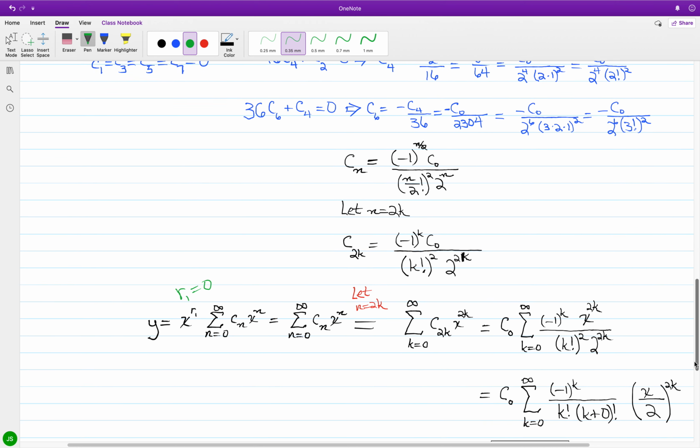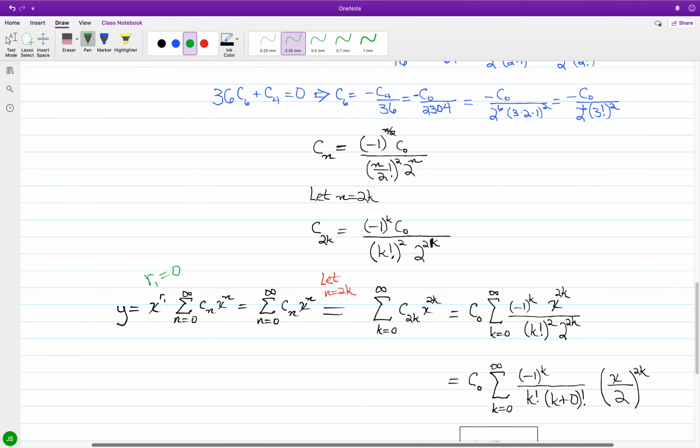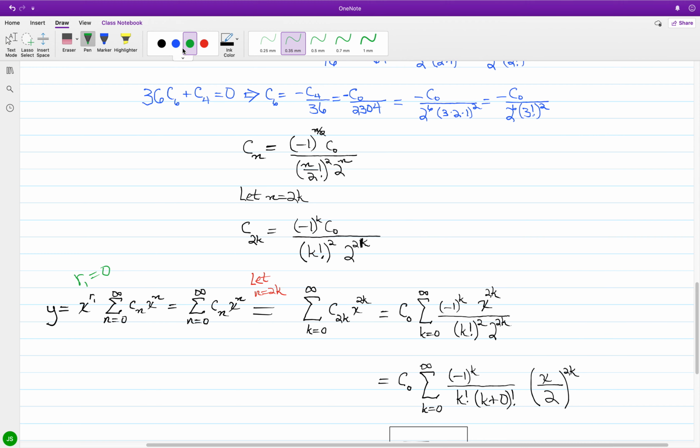And as we get closer and closer, I'm just going to mention, I have x to the 2k all over 2 to the 2k, and just condensing, I have x over 2 raised to the 2k. So that's where this is going to come from.